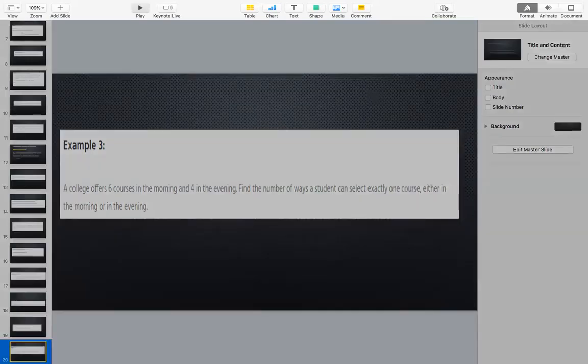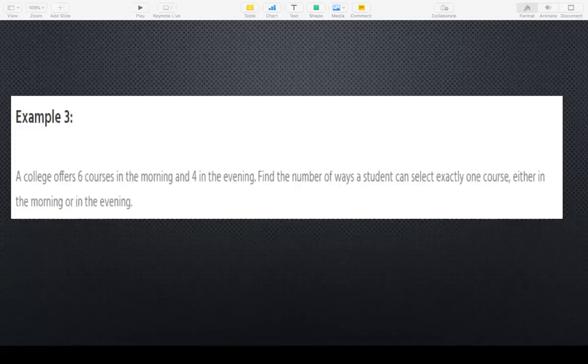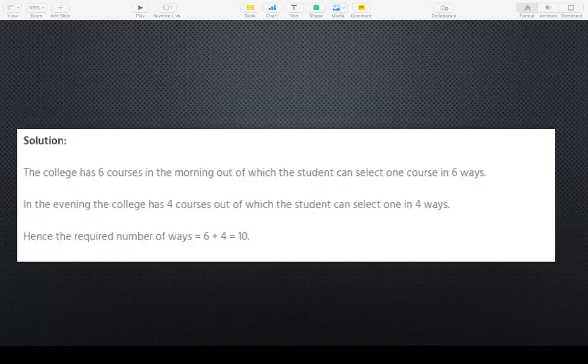Exactly. So since the word or is there, the answer will be simply 6 plus 4, 10, right? The college has 6 courses in the morning, out of which the student can select 1 course in 6 ways. In the evening, the college has 4 courses, out of which the student can select 1 in 4 ways. Hence, the required number of ways is 6 plus 4, 10.